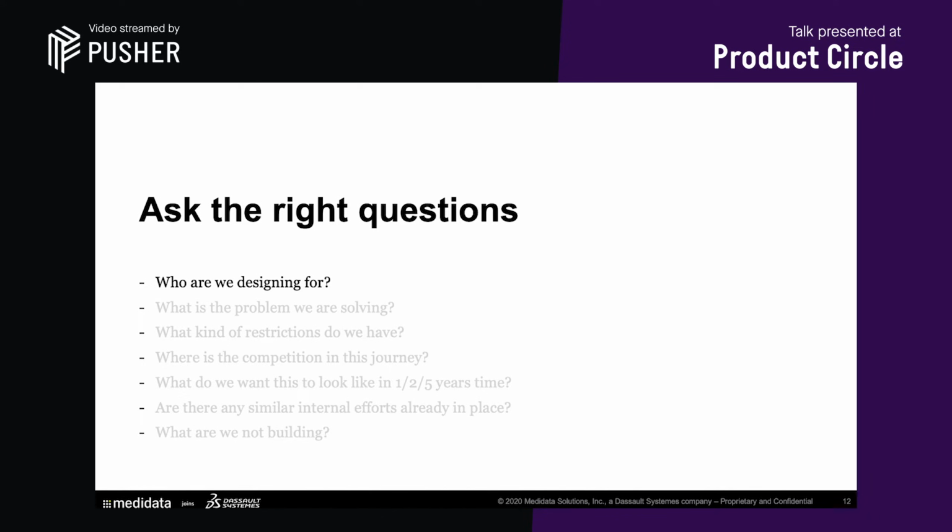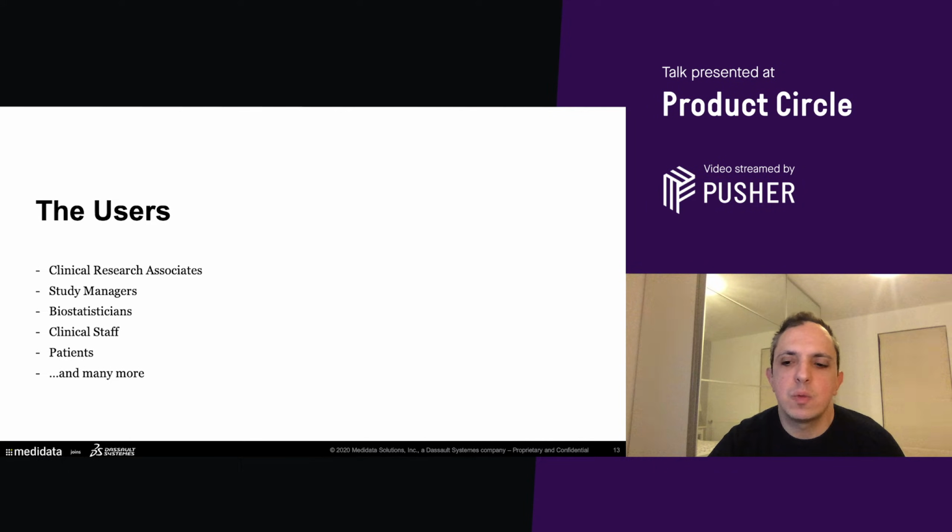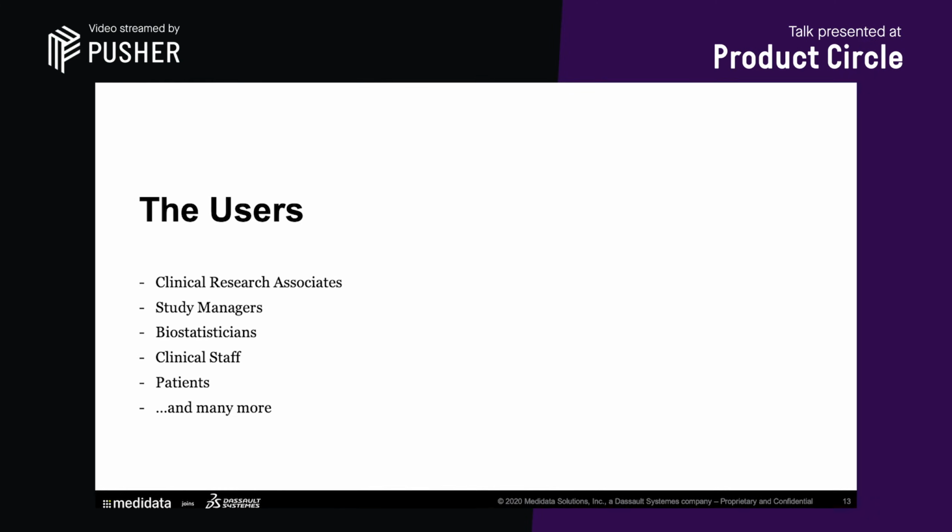So if we move on to the questions themselves, first, and probably most obvious, is who are we designing for? Who is our user? In the clinical trial space, we have several users. These are just a few examples. At the top there is the clinical research associate. These are the guys working mostly for contract research organizations that are making sure that the trial is run according to the protocol.